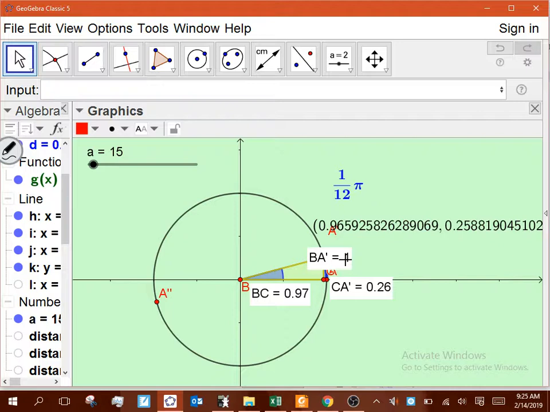So this is what part of our course is about, trying to figure out, what is the ordered pair for a 15-degree angle? It's going to be radical 6 plus radical 2 over 4 as the x coordinate. It's messy, but it's true, and it's the exact value. And we can do the same thing for the y coordinate to find that 0.258.